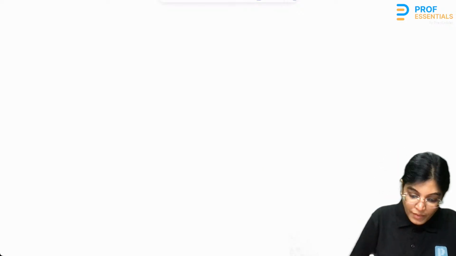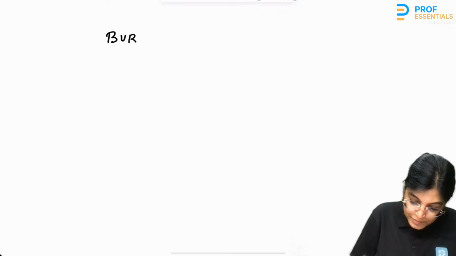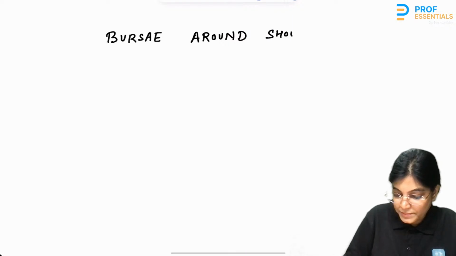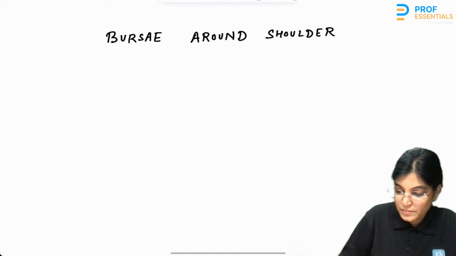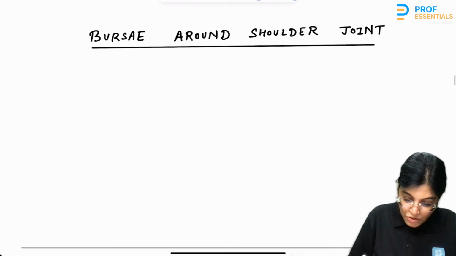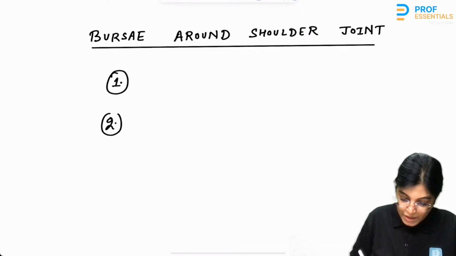So write down: bursas around shoulder joint. The bursas around the shoulder joint are three important bursas.